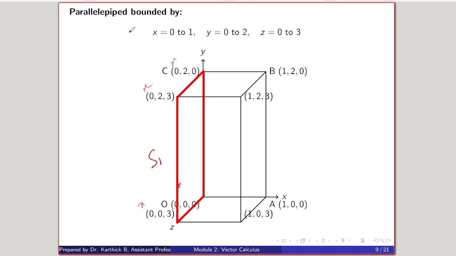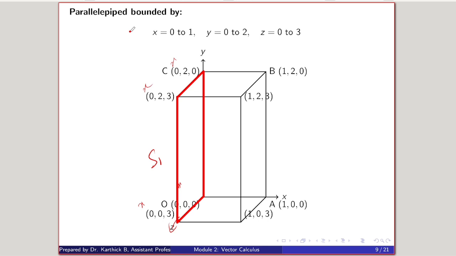Other than that, y varies from 2 to 0. And if you see the z, this is the z axis, it moves from 0 to 3. So y moves from 0 to 2 and z moves from 0 to 3.